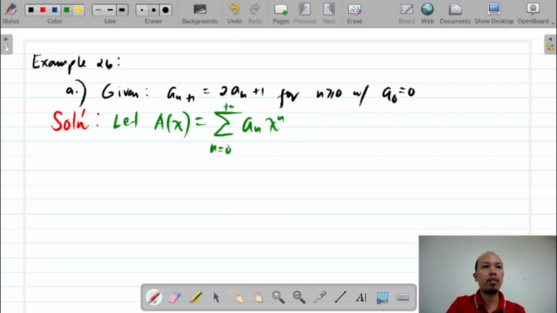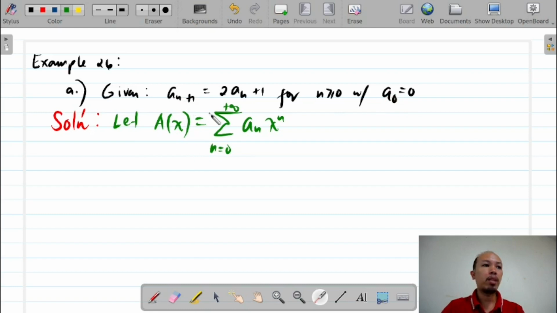Remember that in this equation, our n starts at 0, since the first term is a sub 0.